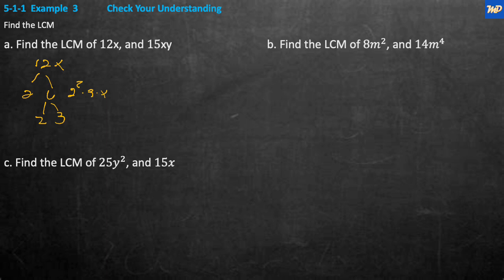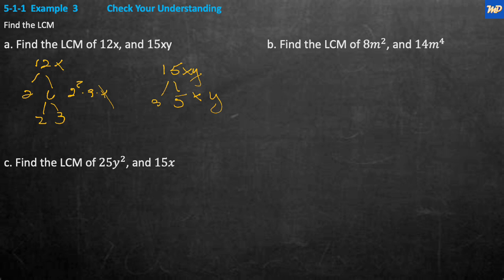The 15xy gives us 3 and a 5. Those are the primes we get there, and we get the x and a y. There's an x here and an x here, so one of them can cancel. I'll cancel that one because they're the same. They're both to the first power, so you can only pick one of them. And then we have a single y here.